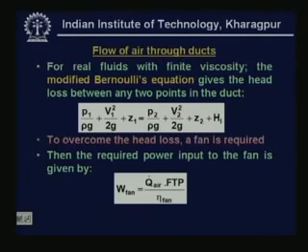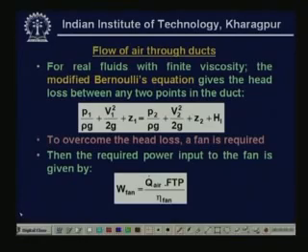Any 2 points 1 and 2, the head loss is given by this equation: P1 by rho g plus V1 square by 2g plus Z1 is equal to P2 by rho g plus V2 square by 2g plus Z2 plus HL, where HL is the head loss. Here all the units, for example, this if you remember, is known as static head. This is your velocity head.